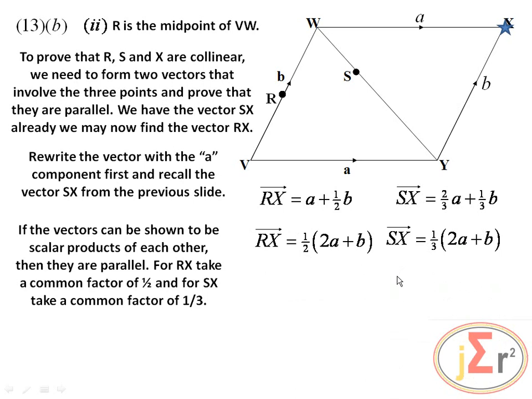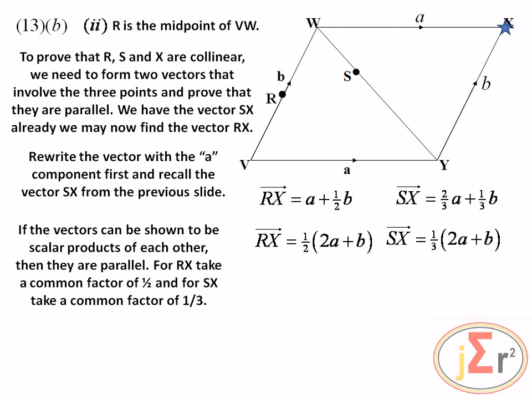I am sure that we can see quite easily that if we take 1/3 to be our common factor, we will have 2 and we will have 1, so we'll have 2A plus B. No difficulty. But when we take a half as the common factor here, we have what? 2A plus B. That is probably a little bit more sophisticated.